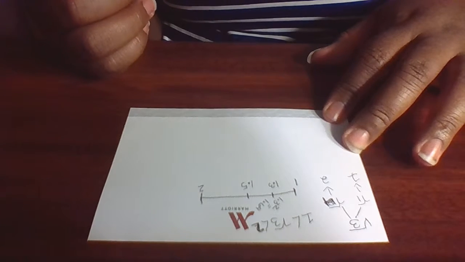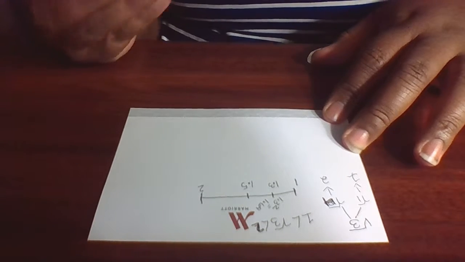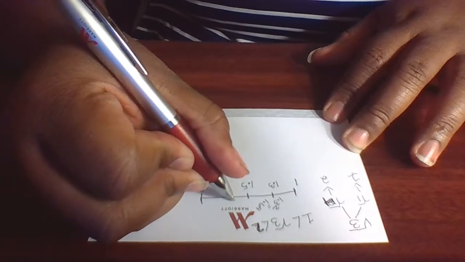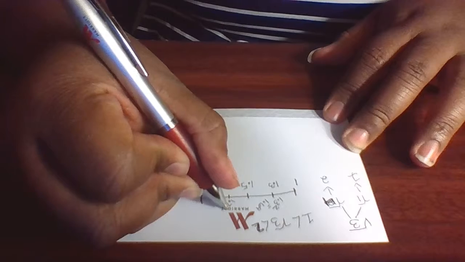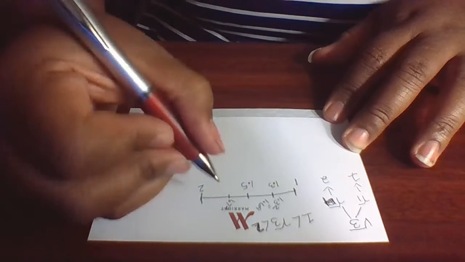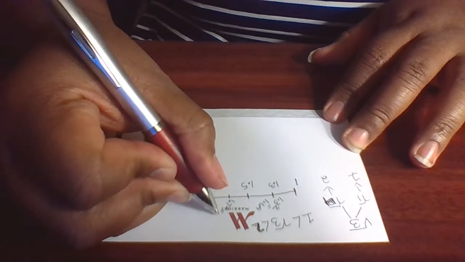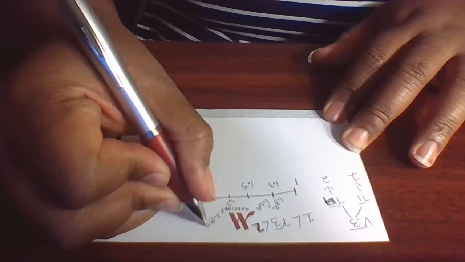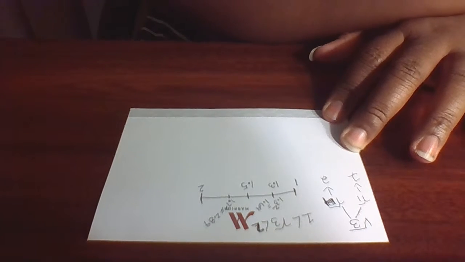So I'm actually going to jump over to 1 and 7/10, which is going to be right here. So I'll do 1 and 7/10 squared, and that's going to equal 2 and 89/100. So that's getting pretty close.